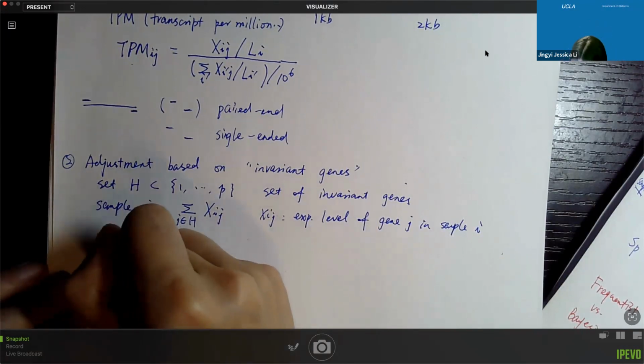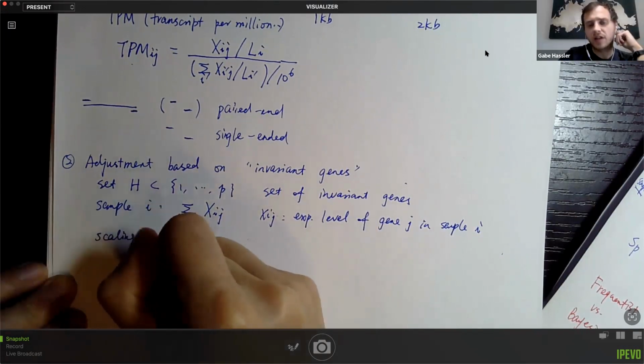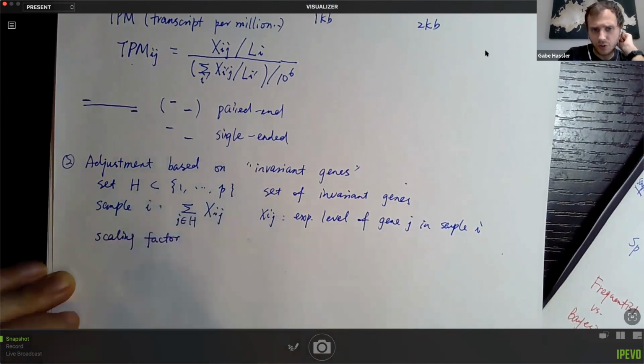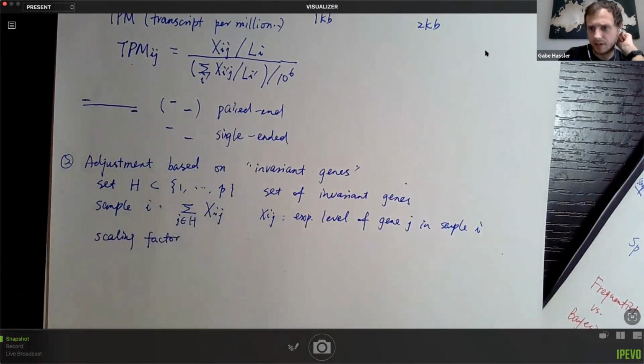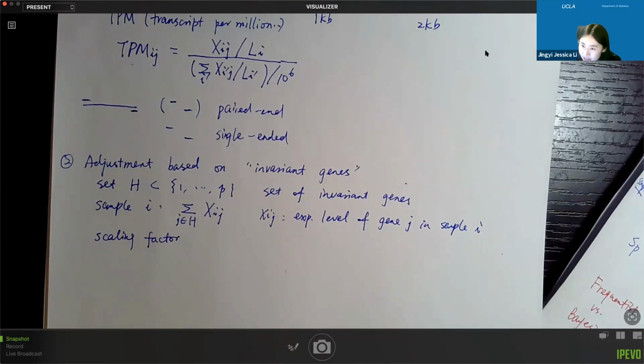Dr. Lee? Yes. Is this set of invariant genes tissue or cell type specific in practice? I would say it depends on whether your samples are replicates of one condition, one tissue, or different tissue samples.